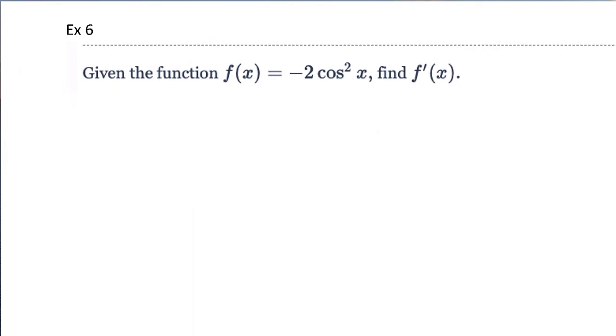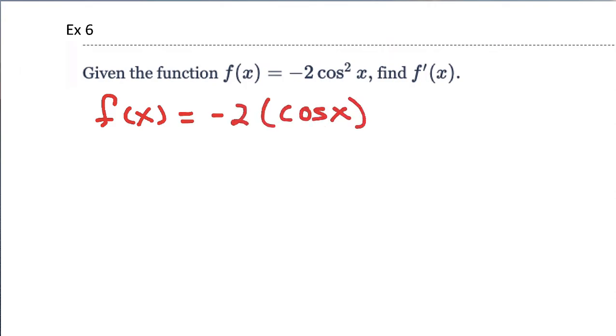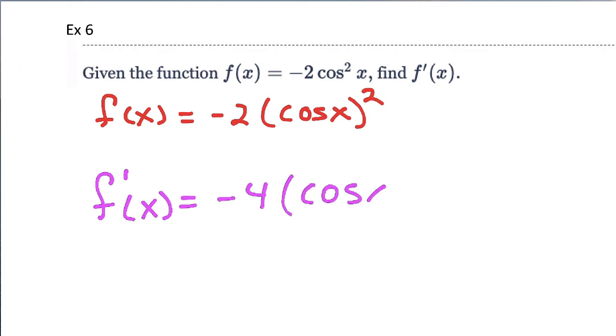Okay, so this one, remember, I talked about it. f of x is equal to negative 2 times cosine x, squared. That's another way of writing that one. So if I now differentiate this, f prime of x is equal to negative 4, because I bring that power down, cosine x to the 1st power times negative sine x.